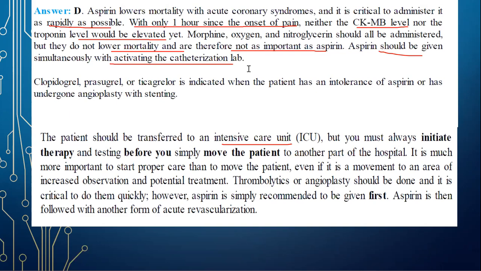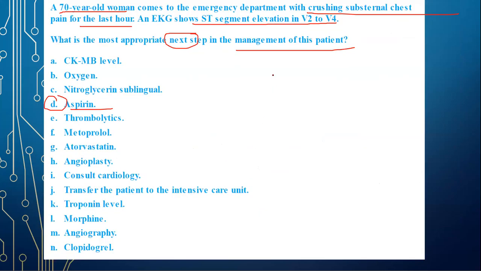So we have been discussing this management. Again, remember one thing, let me write it so you will understand much better. First of all, if you get an ST elevated MI, the next thing you should think about is giving aspirin as soon as possible.